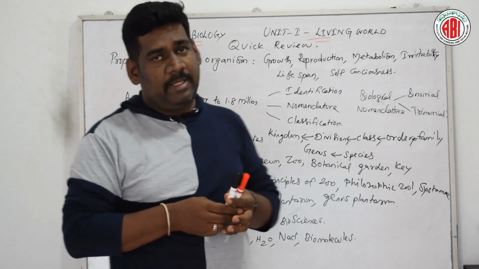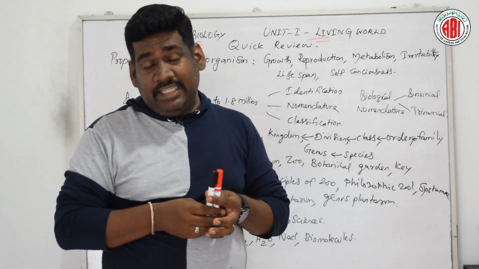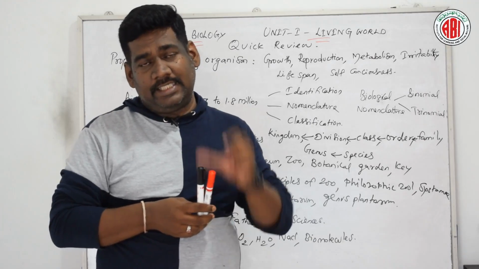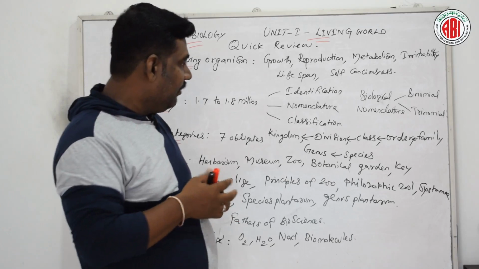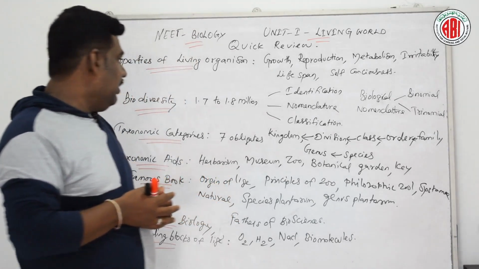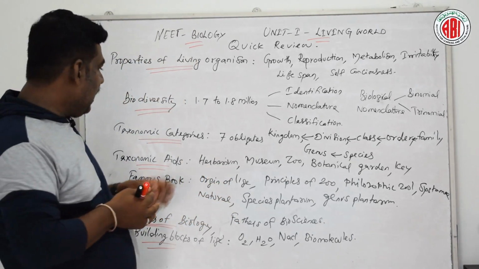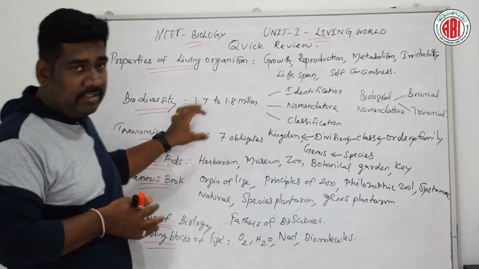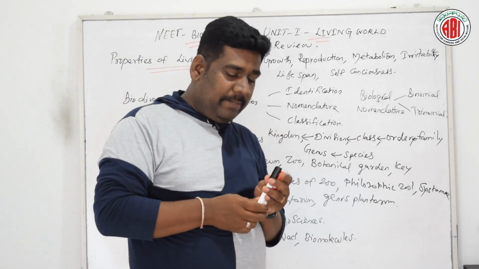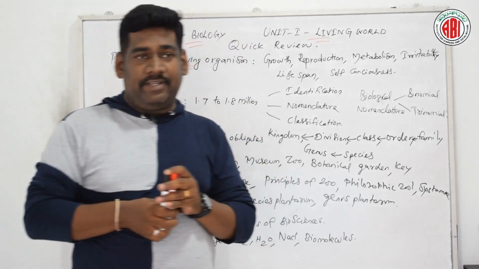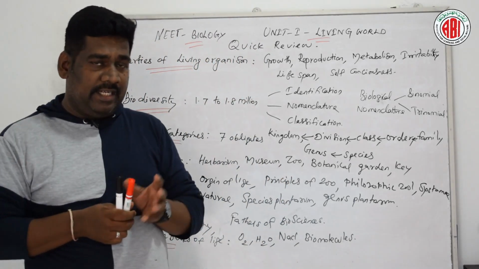So that could help us to study a particular species in detail, in depth. Next, when we are talking about taxonomic categories, they help us to identify which category a particular organism belongs to.